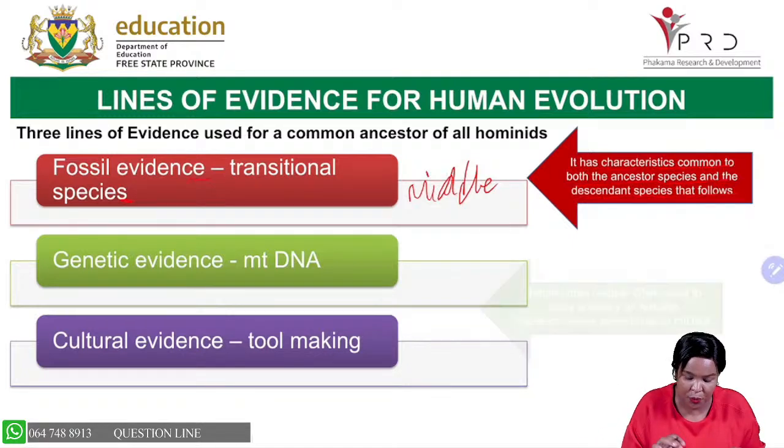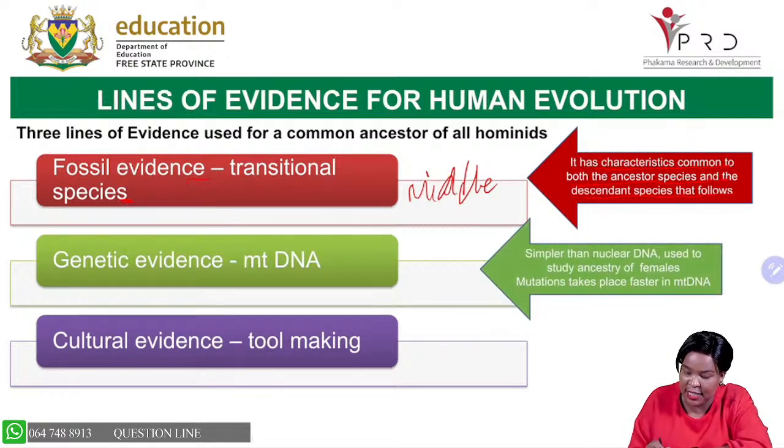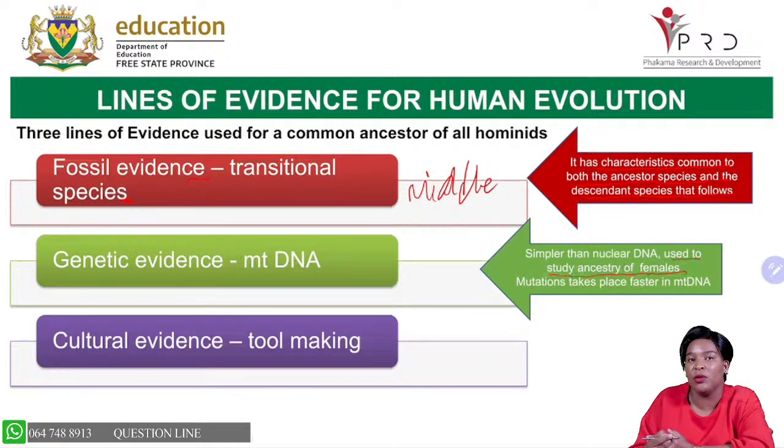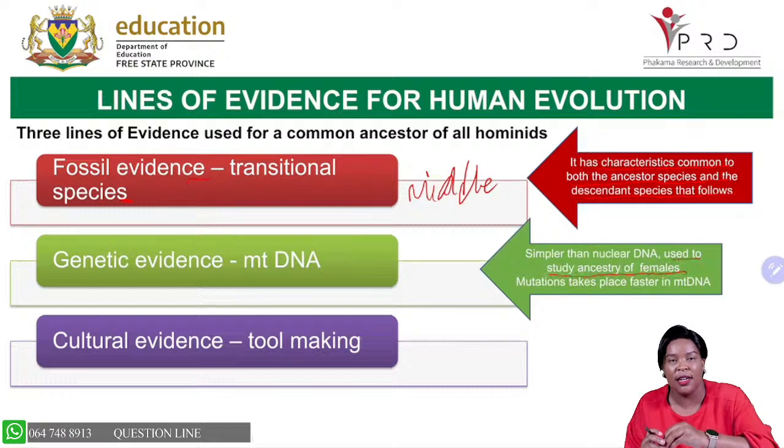Then also, genetic evidence, mitochondrial DNA. Mitochondrial DNA is used to study the ancestry of females. Remember, the females are the only ones that can pass their mitochondrial DNA to their offspring because their ovum is fertilized as it is with its own nucleus, with its own mitochondrion, whereas the mitochondrion of the sperm cell is cut off during fertilization because only the nucleus of the sperm cell enters the ovum.